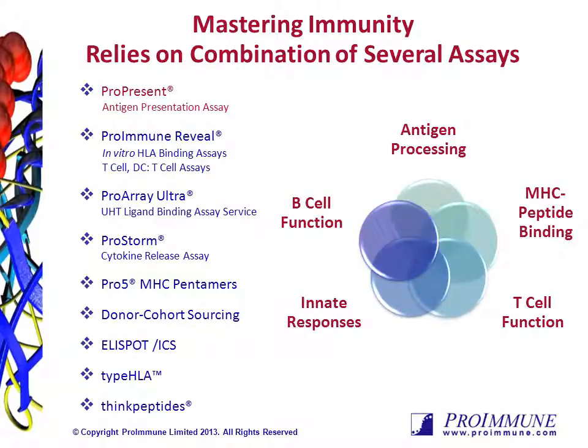ProPresent is of course one of our cornerstone assays, but at the same time it seamlessly integrates with all the assays that we provide developed around the objective of being able to understand all aspects of immune responses.